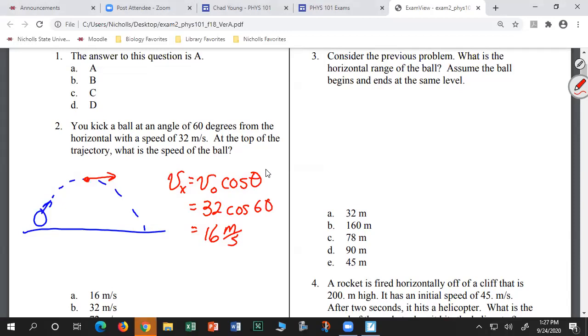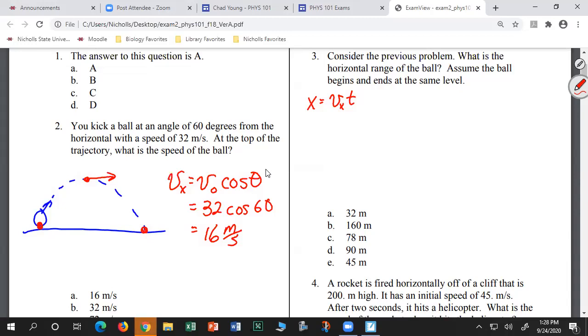In the next problem, I want to know the horizontal range of the ball. It's the same problem, but I want to know the horizontal range. Since I know Vx, I know that x is equal to Vx times t. So I need to find the time that it takes to get from here all the way over to here, the total time. In order to find that, it's a chapter 2 problem. I imagine this object goes up and comes back down again.